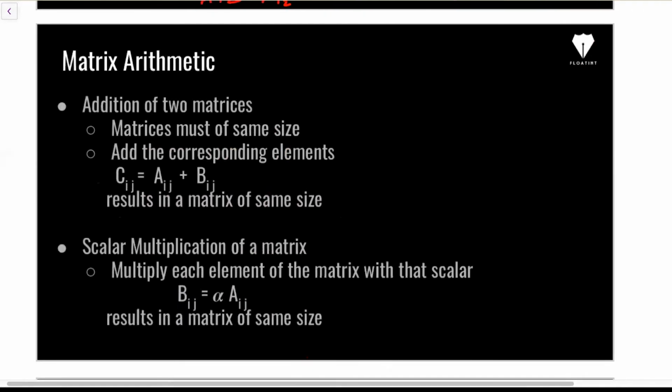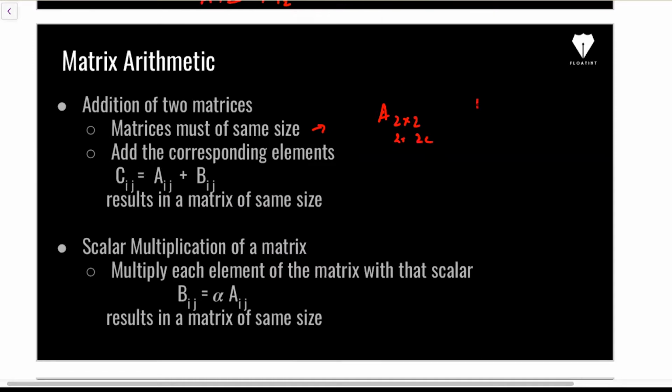Next is matrix arithmetic. In matrix arithmetic, when you are doing addition, both matrices must have the same size. Same size means, if I write a 2 cross 2 matrix A, it has two rows and two columns.